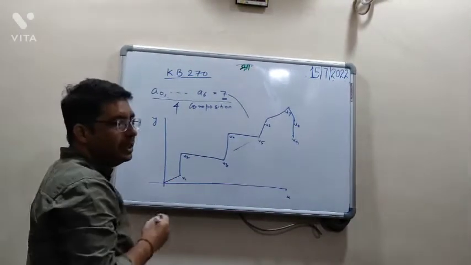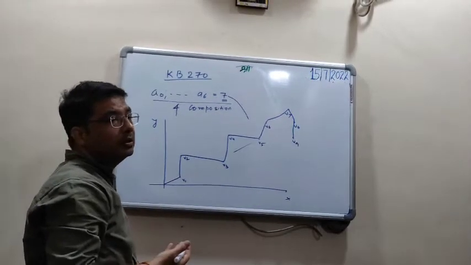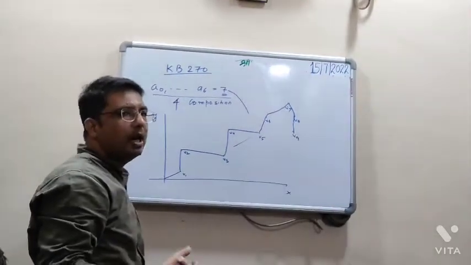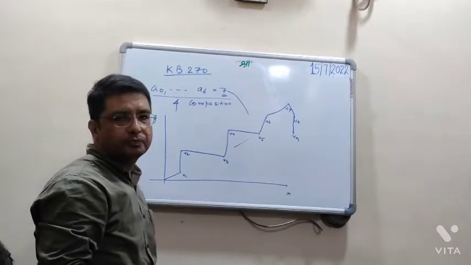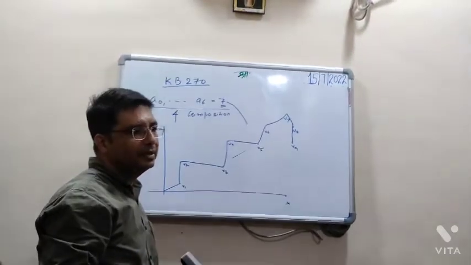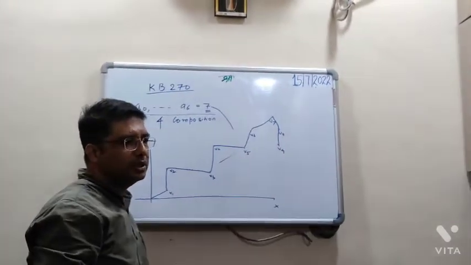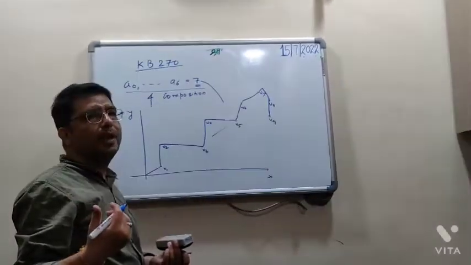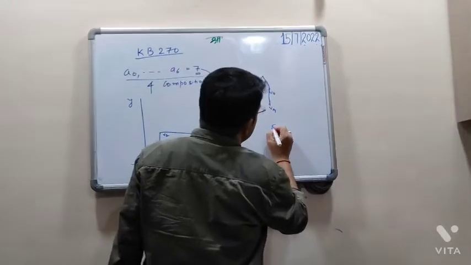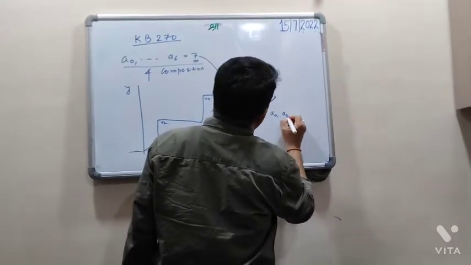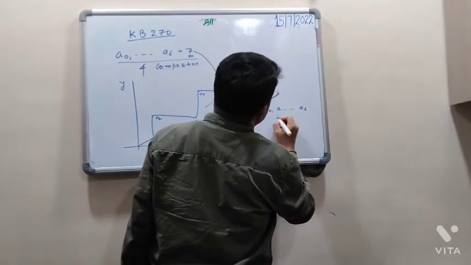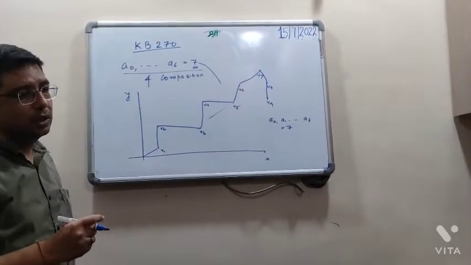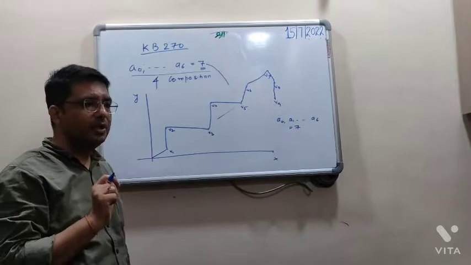But this is non-linear, so I have to use multiple coefficients. Now the question arises, how many coefficients should I use? That is not in our hands. It is already fixed in the instrument that they will use A0, A1 up to A6. That means a total of 7 coefficients.